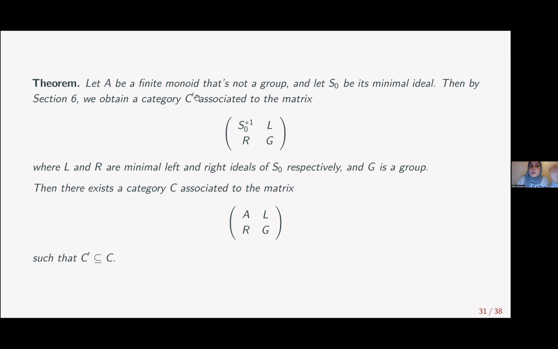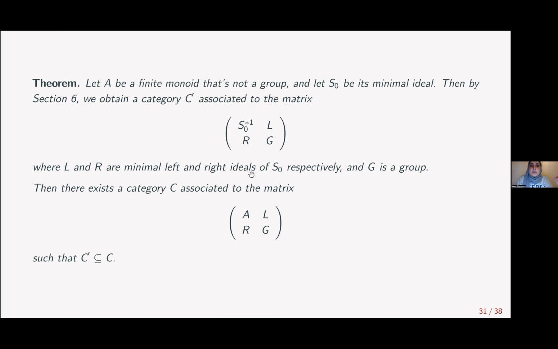By the previous section, because S0 is a simple ideal, I can construct a category from S0. I will call it C prime, such that the category is associated to S0 with 1, L, R, and G. And again, the 1 here is just an added identity. L and R are minimal left and right ideals of S0 because I just chose them.